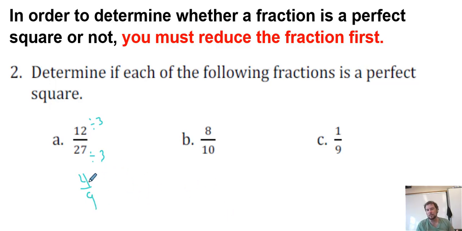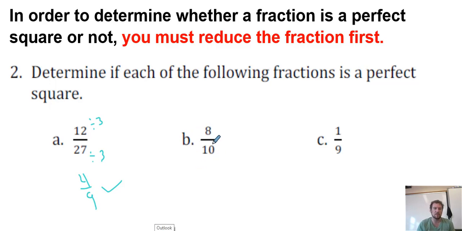Now, looking at my new fraction, is this going to be a perfect square? With a fraction, it's nice: we can look at the numerator and the denominator, and as long as both are perfect squares, then the whole fraction will be. So 4 is a perfect square, and 9 is a perfect square, so 4 over 9 is a perfect square.